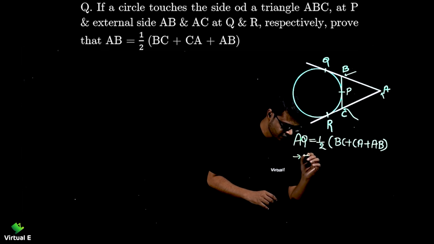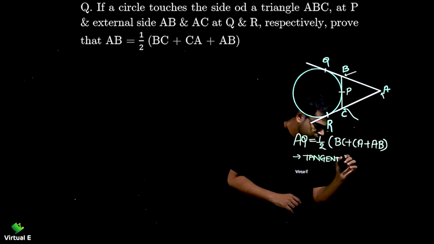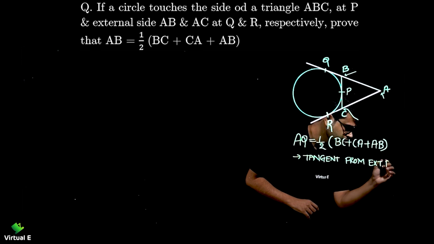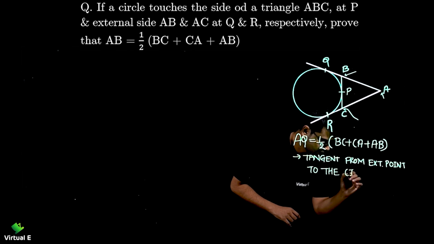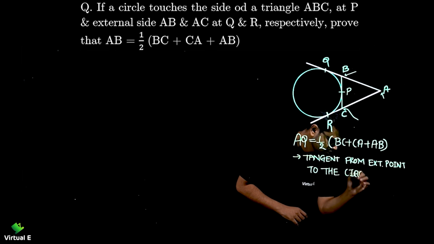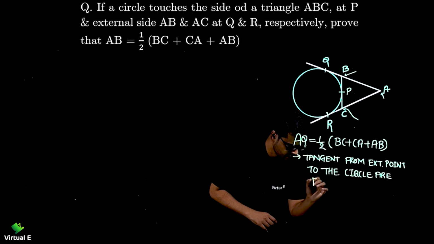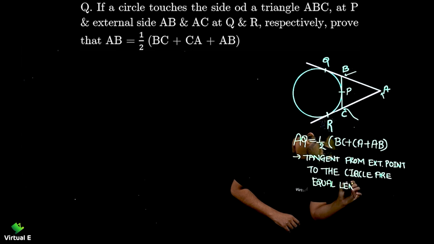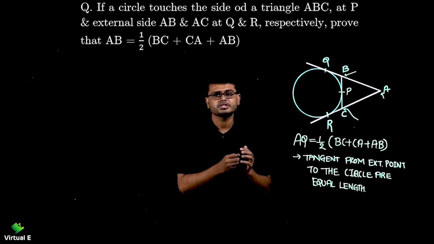So let's write it: tangents from an external point to the circle are equal in length. Done? Simple. Now, if I want to use this statement, how can I use it?